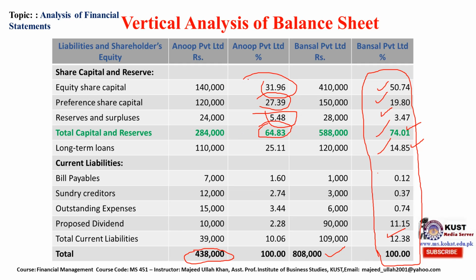Coming to this company, it finances its assets or operations 64% from its own capital, while employing 25% external financing in the longer term, while in the short term spontaneous financing is 10%.